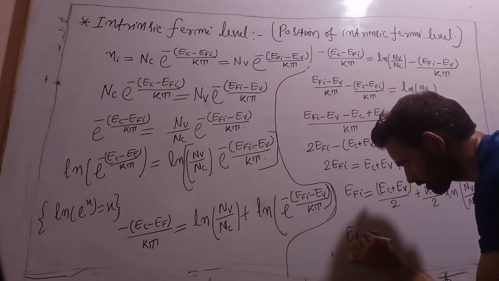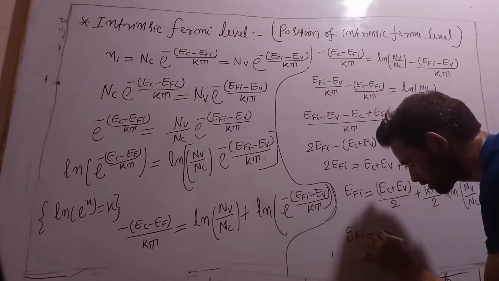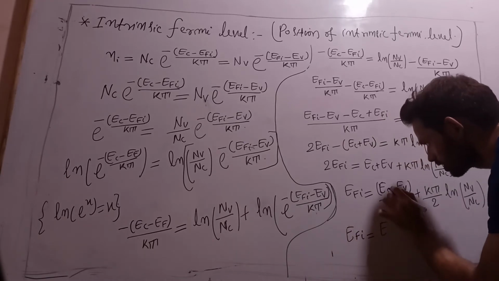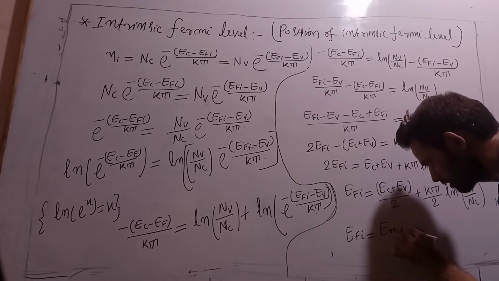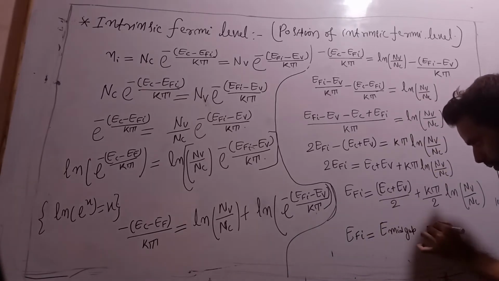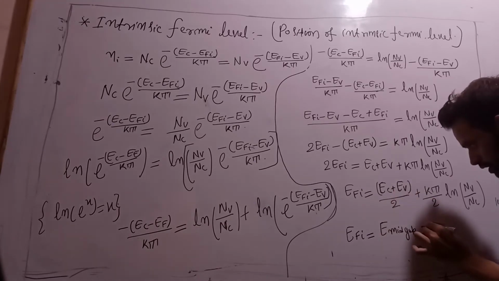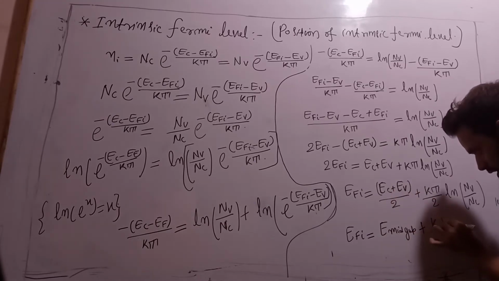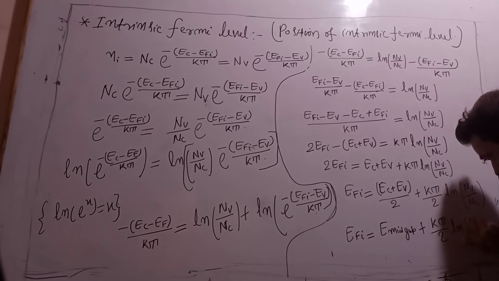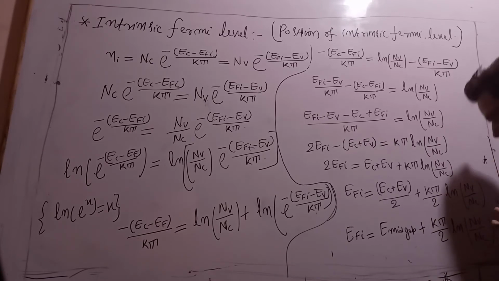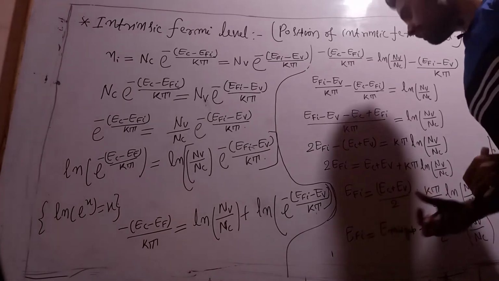Yes, so this is nothing but Efi is equal to, we can write this Ec plus Ev by 2 as E mid gap, plus kT by 2 ln Nv by Nc.